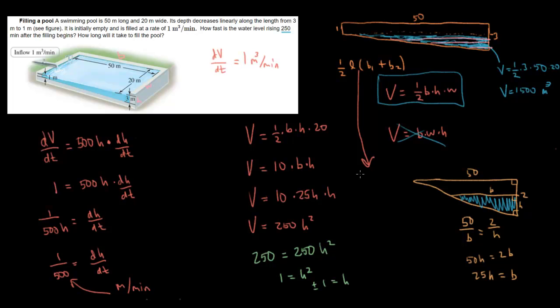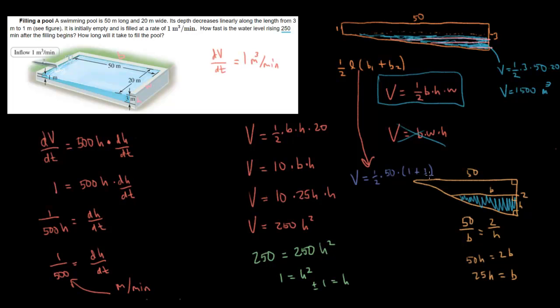If we use my original formula here, 1/2 height times base 1 plus base 2 of the entire pool, that's 1/2 times height, which we said was 50, times base 1 plus base 2.